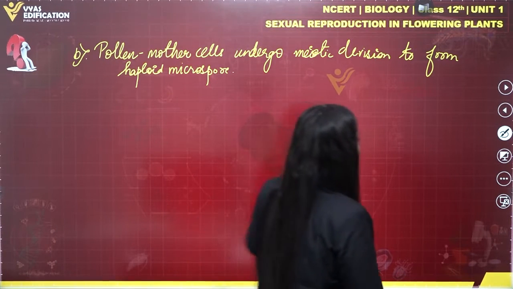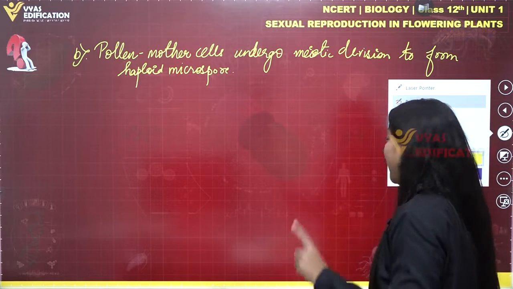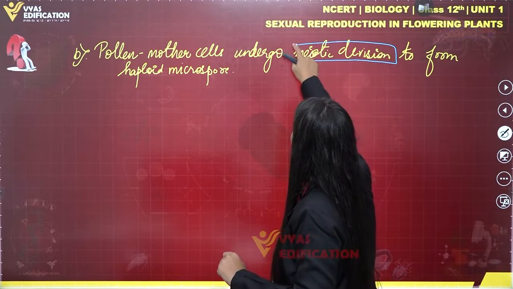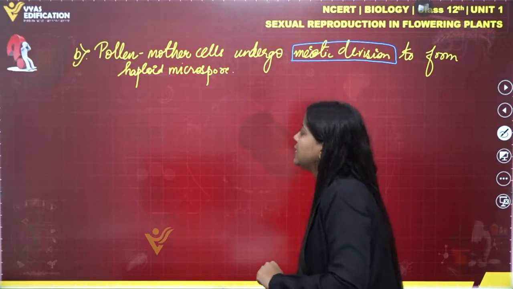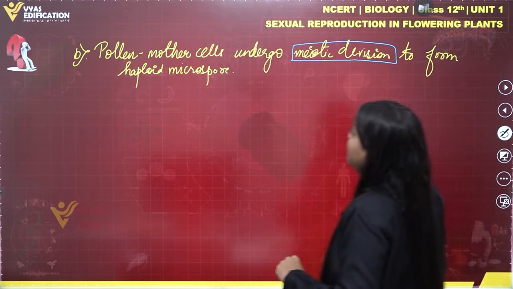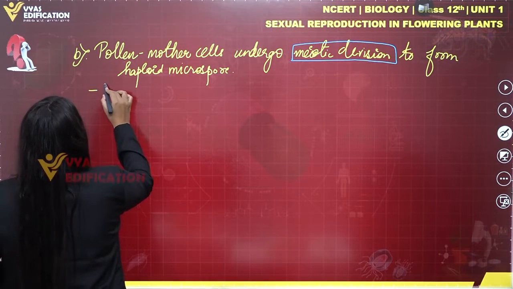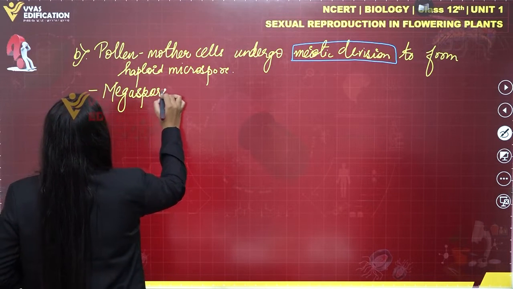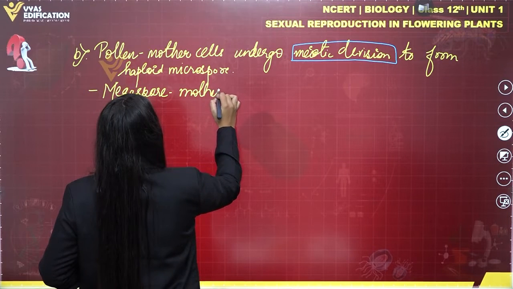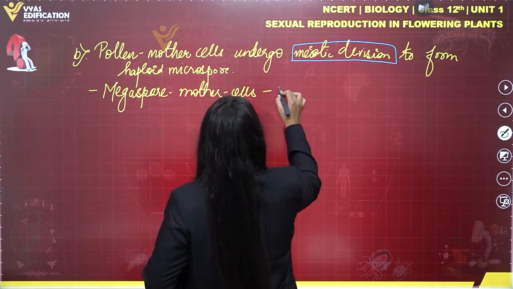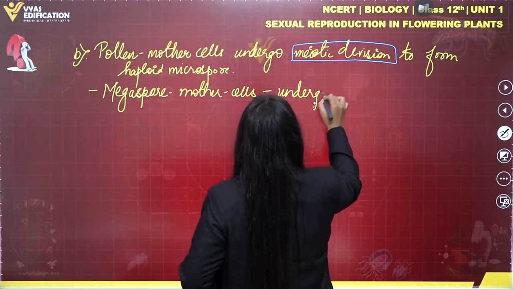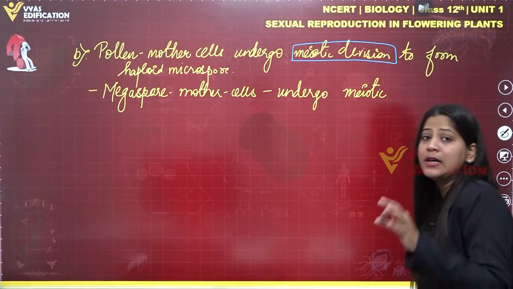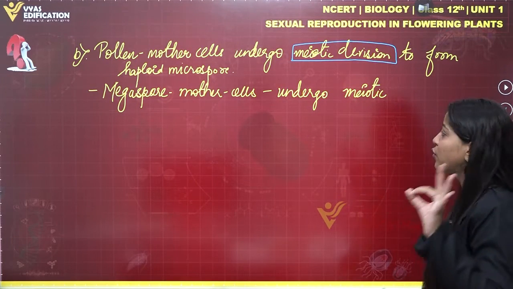So what kind of division are you seeing in microsporogenesis? That is meiotic division. And in case of megasporogenesis, megaspore mother cells also undergo meiotic division, which is reductional division. These two events are taking place through reductional division.